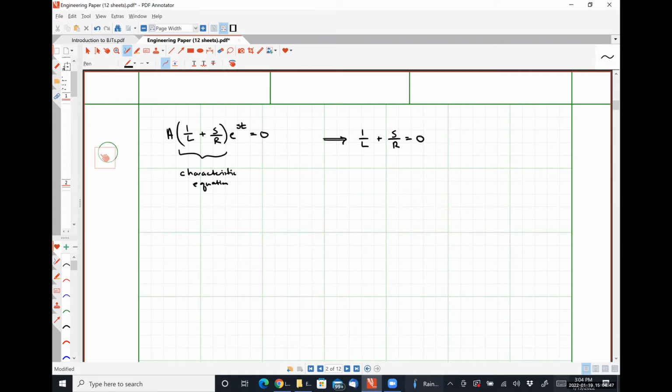So what value of S, our rate of decay here, satisfies this relationship? Negative R over L. So for S is equal to negative R over L, our relationship is satisfied, so we can update our guess slightly.